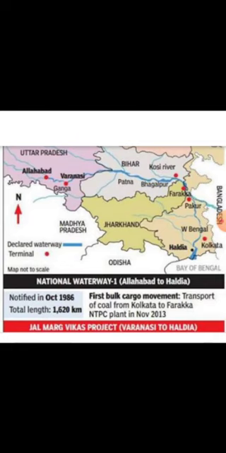National Waterway 2 extends from Dhubri to Sadiya. National Waterway 3 extends between Kollam and Kottapuram. Where is Kollam and Kottapuram, students? Very good, it is in Kerala.